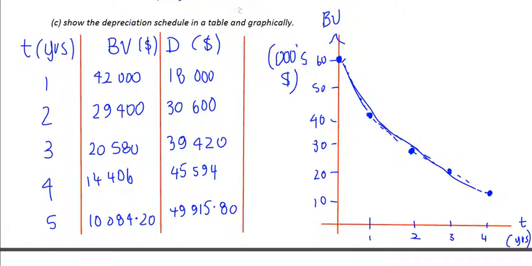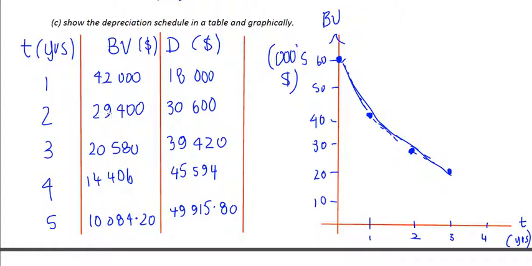Okay, now what I can also do is I'm just going to get rid of this one because I think I might have graphed that one a little bit wrong. What I can also do is add this to a graph with book value and time. So what we've got here is 1, 2, 3, 4, and I might just add 5 down there if I possibly can. I'll do that in a moment. Starting off when time is 0, the value of the bus was 60,000. After the first year, we'll see it drops to 42.